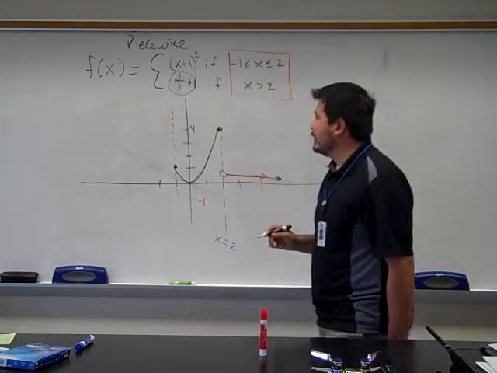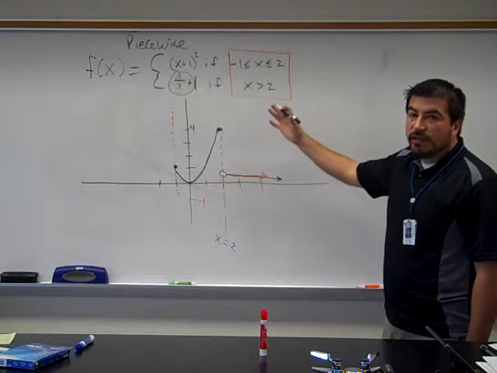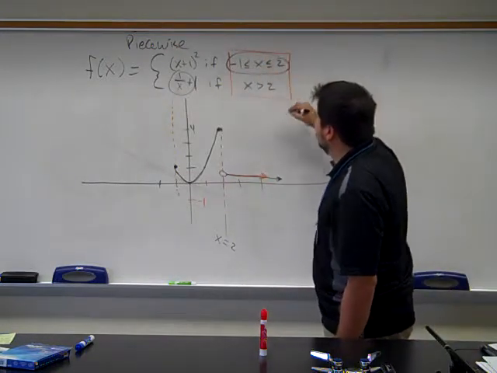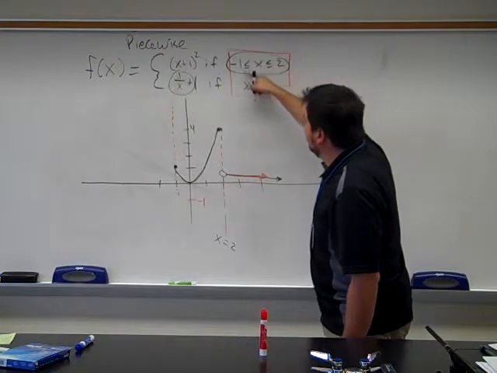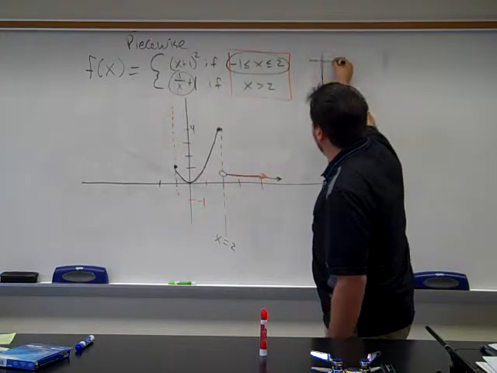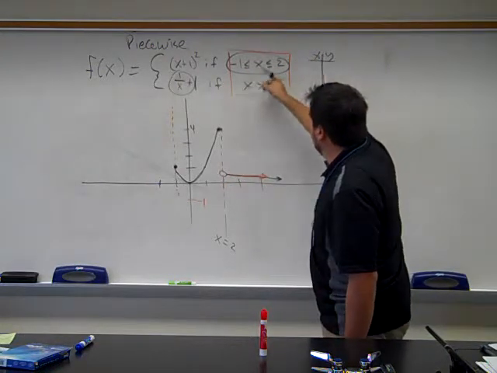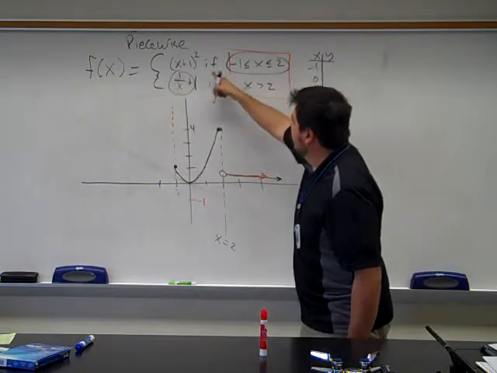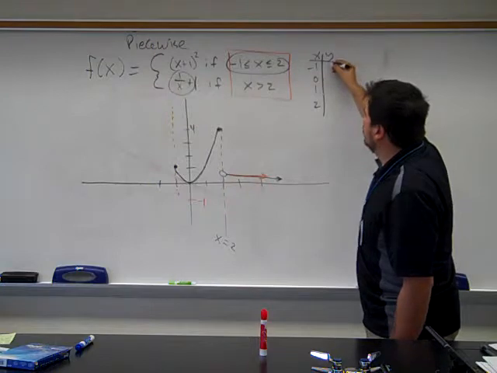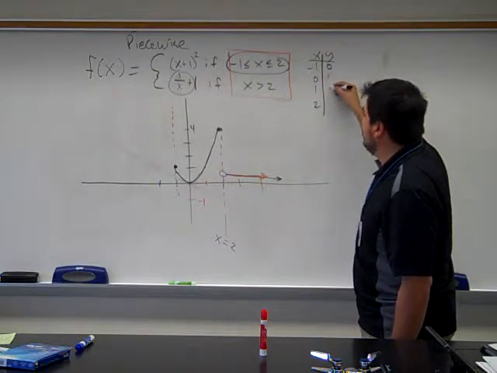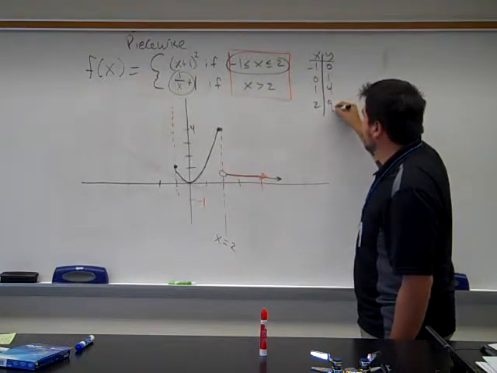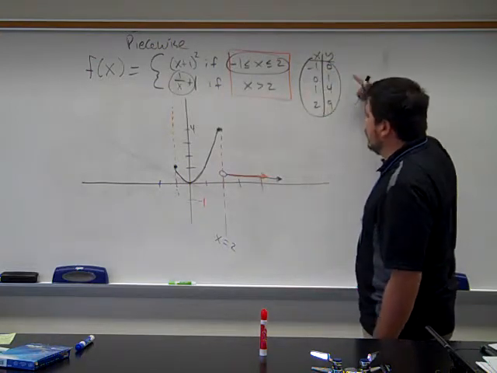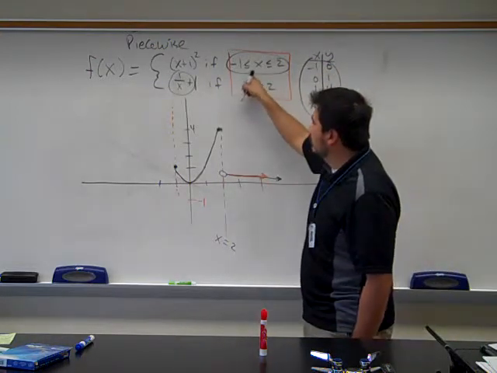If that's the case, and you don't know what it's going to do to the graph, you could literally plug in these values. Here it's telling you essentially to create a table from -1 to 2, get your outputs. So plug in -1, you get 0. Plug in 0, you get 1. Plug in 1, you get 4. Plug in 2, you get 9. So then you only graph these points, you connect those points with closed circles, and there's this part.